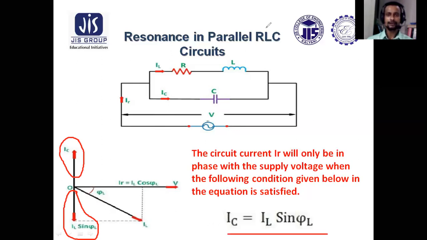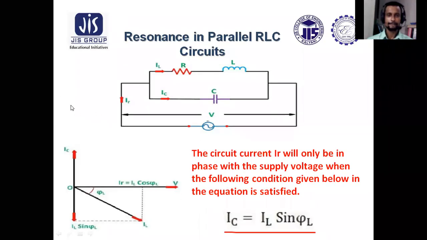So this is the condition for parallel resonating circuit. If the capacitive current IC is equal to IL sin phi L, then only we could say the parallel circuit is at resonance. So this is the basic concept of parallel resonance.